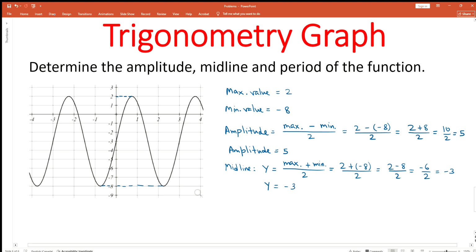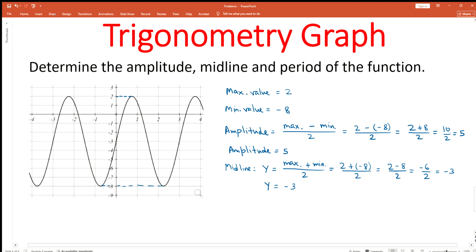Next, we have to find the period of the function. Period of a periodic function represents the length of one full cycle. The easiest way to find the length of one full cycle of a periodic function is to find the distance between two consecutive maximum points or minimum points on the function.